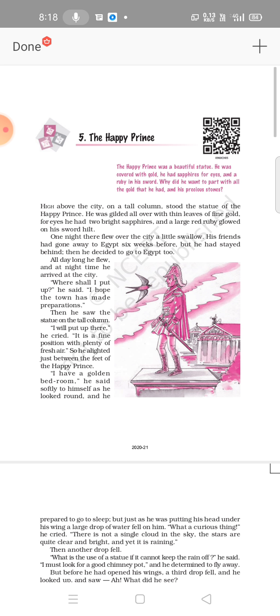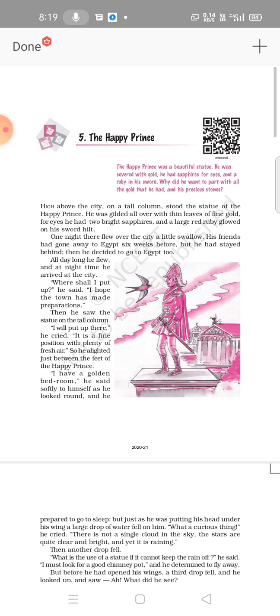Now your story starts. There stood the statue of the happy prince on a tall column in the city. Tall column is a high place and the statue was there.